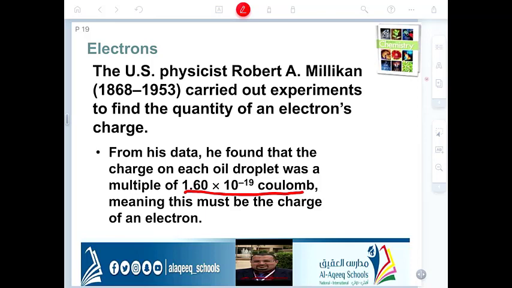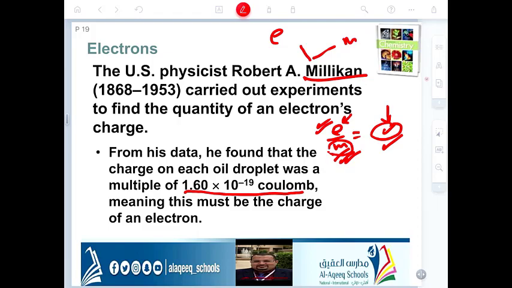Also, because he has the ratio e over m made by Thomson, and he measured the charge of the electron, it means he could measure the mass as well. This is known, so he found the missing value. That means Millikan could measure the charge of the electron, and also the mass of this electron.